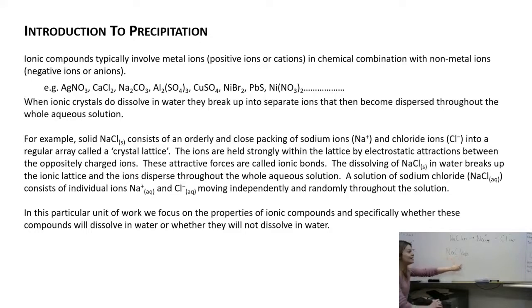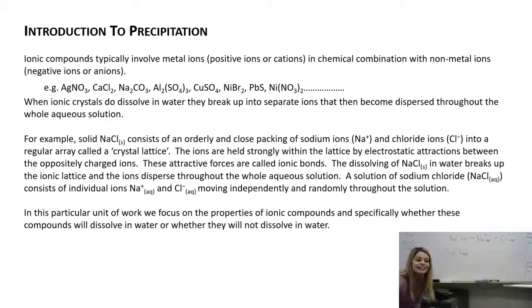What this means is this. Anytime I write an ionic substance, aqueous, you don't have your anion and your cation bonded together. They're separated, they're floating around separately. This is actually what we've got going on. Okay? So just be aware that we use this notation a lot, but it doesn't mean that the sodium and the chloride are bonded together.